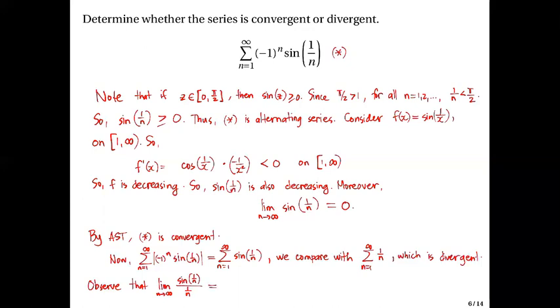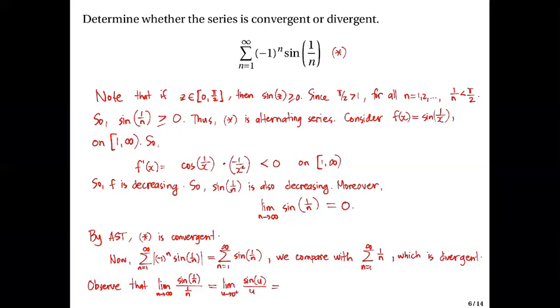You can rewrite this as the limit of sine u over u, as u goes to 0 from the right. As n approaches plus infinity, 1 over n goes to 0 from the right. So if you replace 1 over n by u, you will have sine u over u, and u approaches 0 from the right.